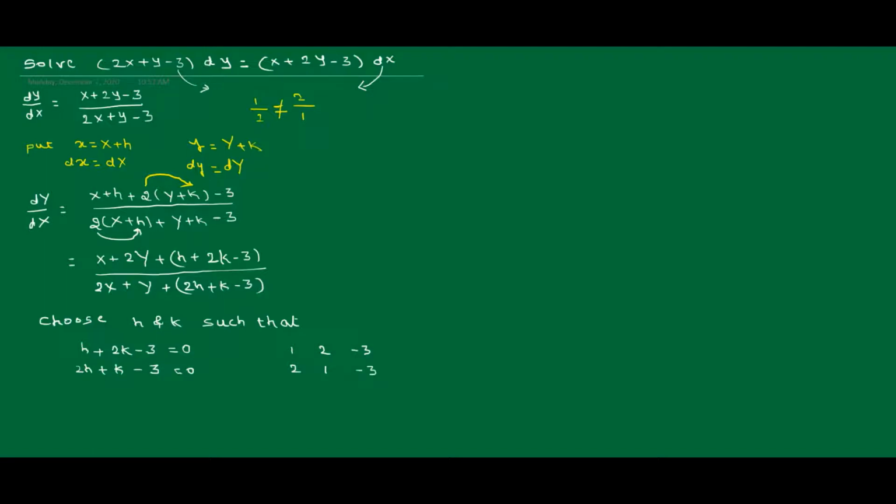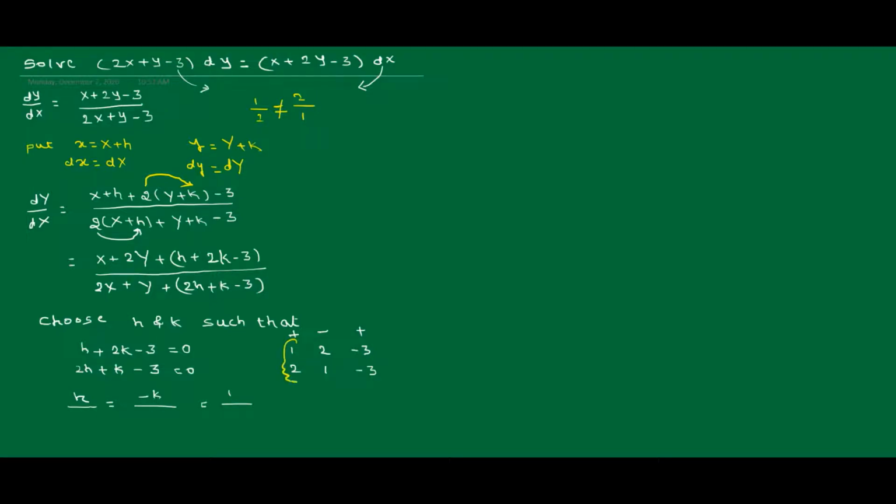I will write the signs: first term plus, second term minus, and third term plus. Now here I will write h divided by, minus k divided by, constant divided by.